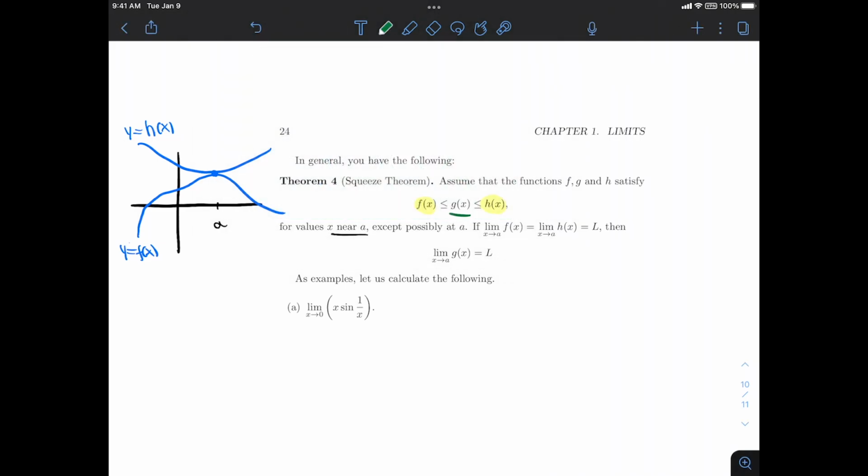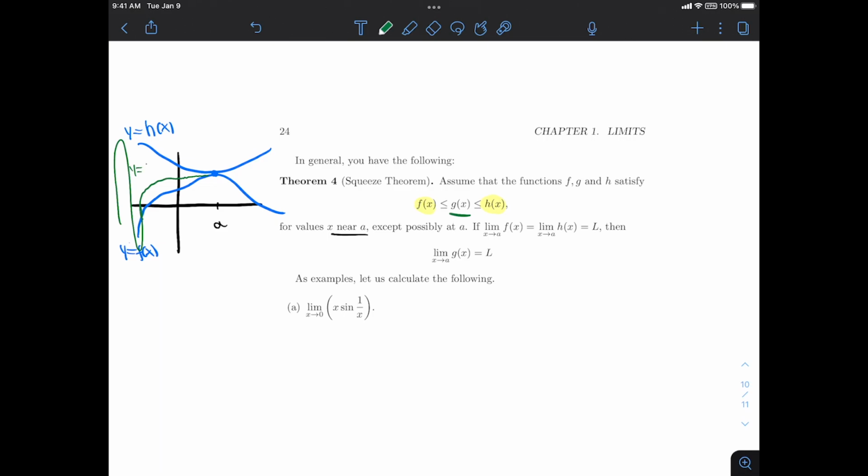G has to stay between f and h, but all that matters is what happens near A, so maybe all the way over there g is super awkward, but as long as we're close enough, it's forced to stay between f and h.